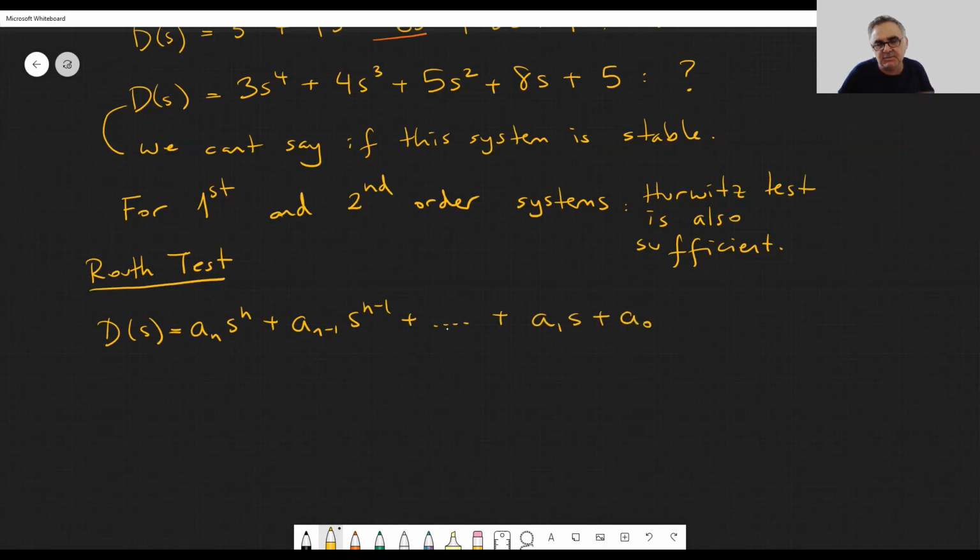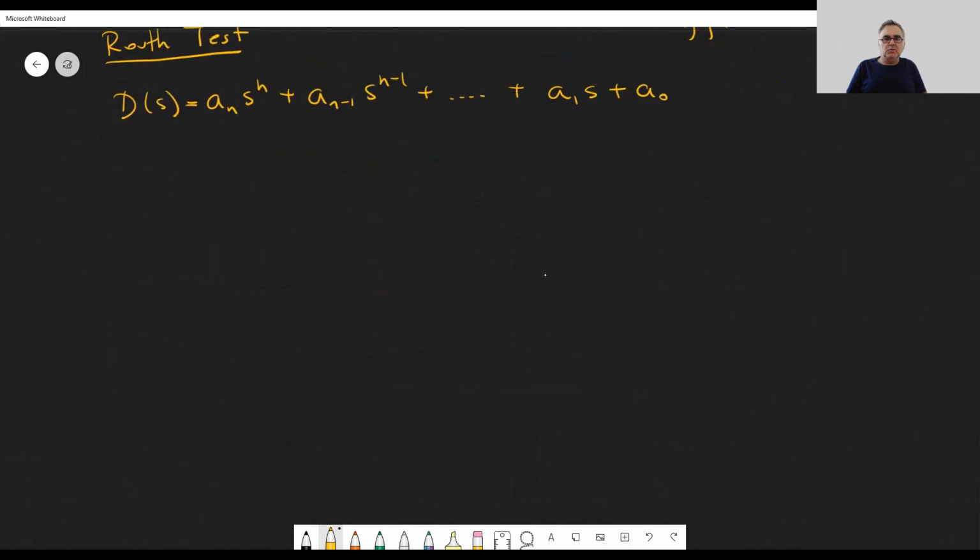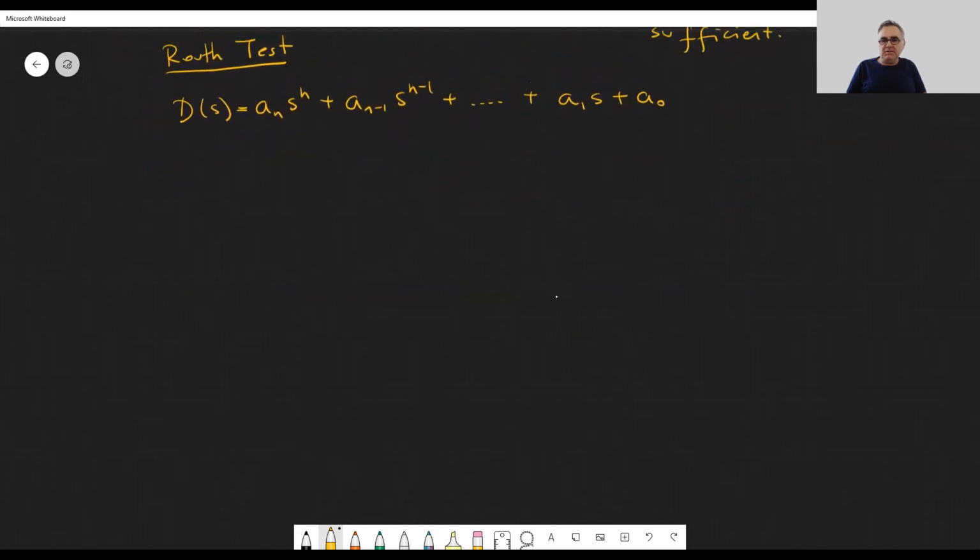Okay, this is our polynomial. We have all the coefficients, and now we will generate an array out of this, and we will do it this way.